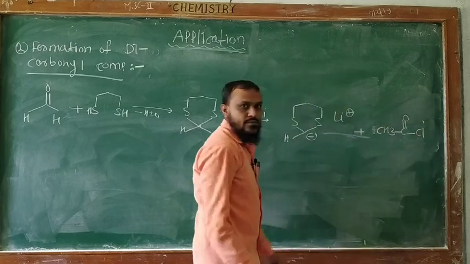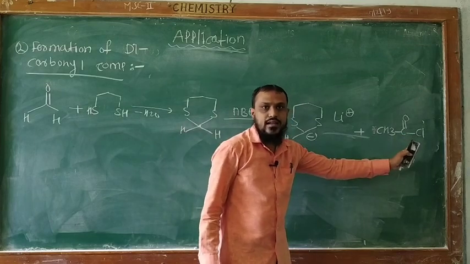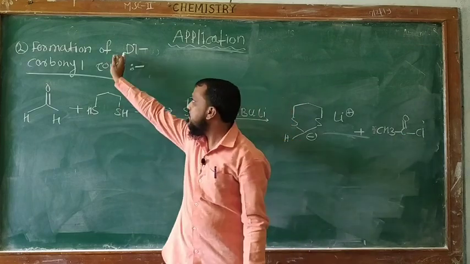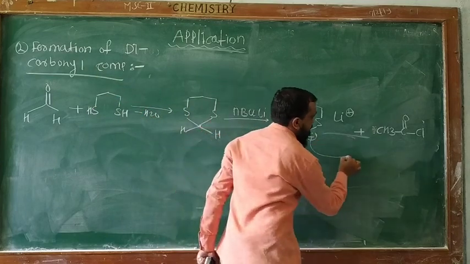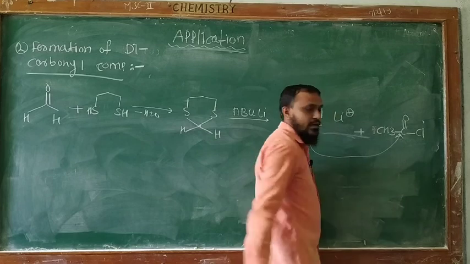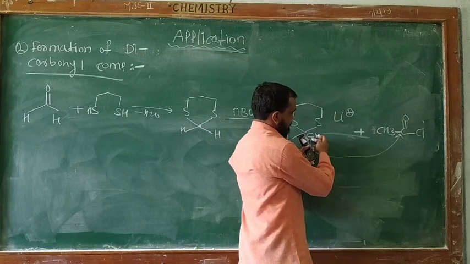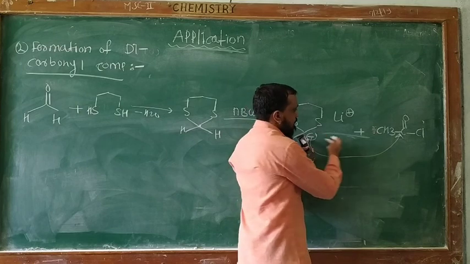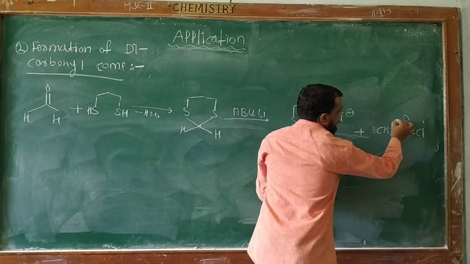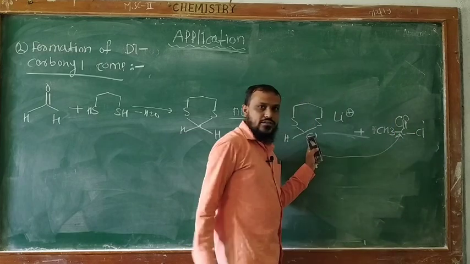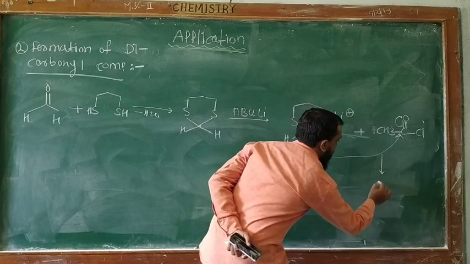The lithiated salt treated with acetyl chloride, the acid halide, produces our final product, the dicarbonyl compound. Now look here, this negatively charged carbon attacks this carbonyl carbon. A new bond is formed between this carbon and this carbon. So the pi bond between carbon and oxygen shifts toward the oxygen, and we will get this type of product.